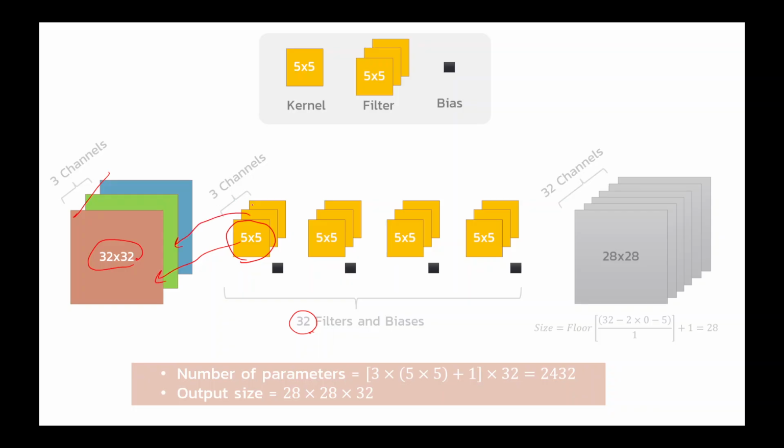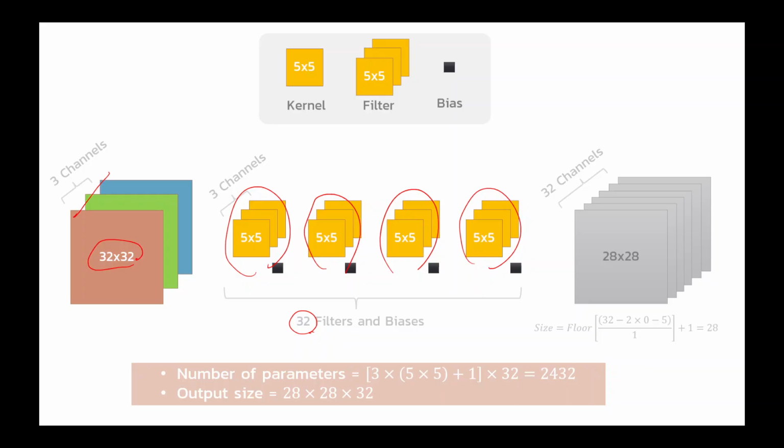So you need 3 of them per filter. Each filter consists of 3 layers of 5 by 5 matrices, and we need 32 of them because we want to detect 32 patterns. So we have 32 sets of those 3 layers of 5 by 5 matrices.